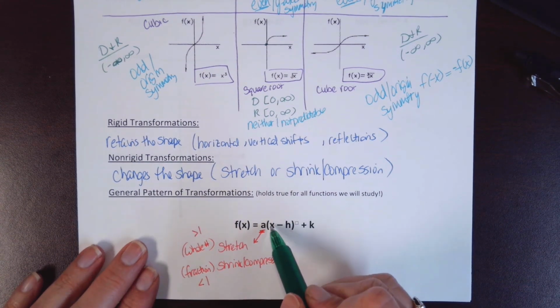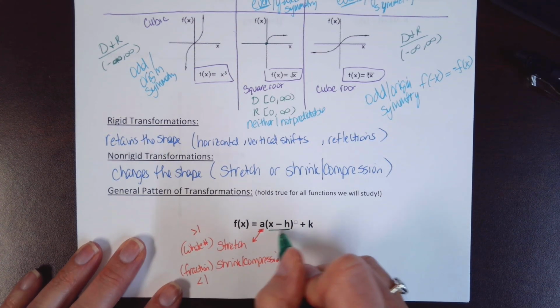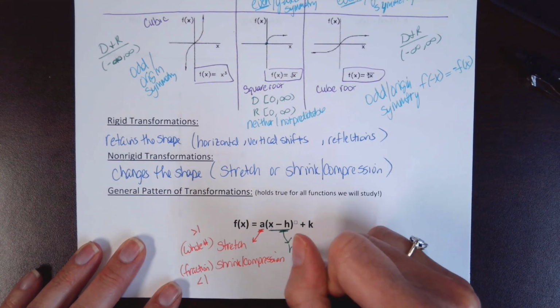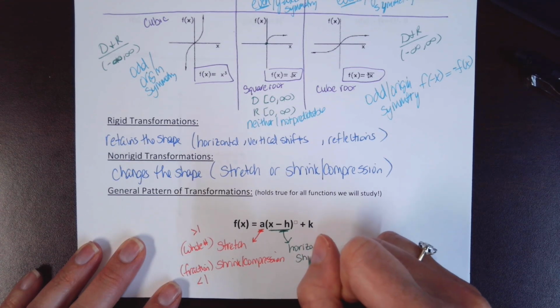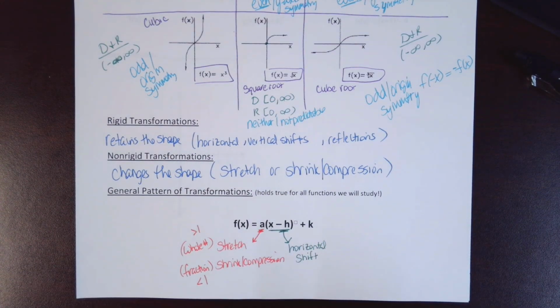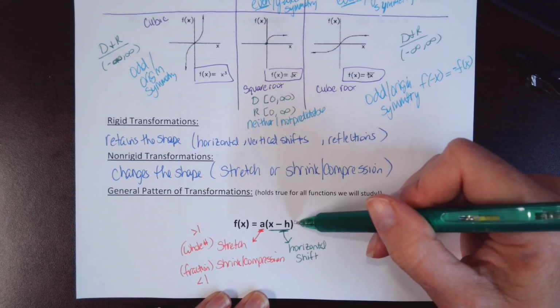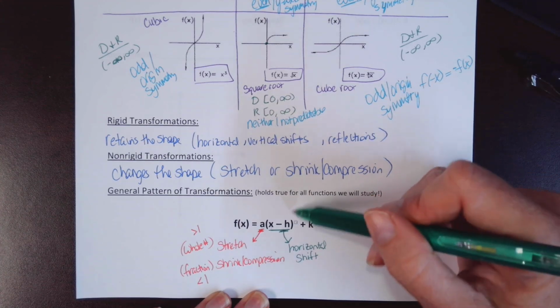Inside, attached to the x, is the horizontal axis, right? So attached to the x is going to be my horizontal shift. H for horizontal shift. Now, I've got a little box up here. This could be a square, square root, cube root, absolute value bars, whatever is my function.